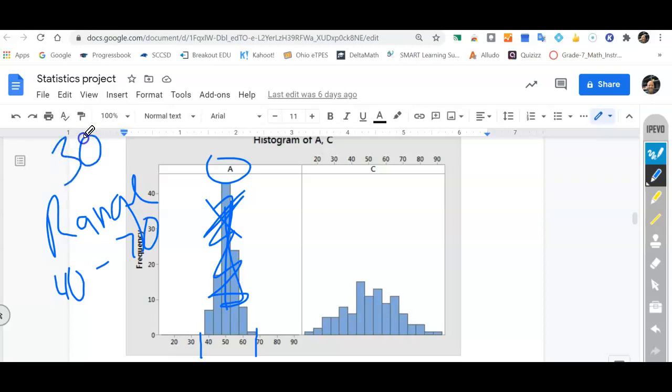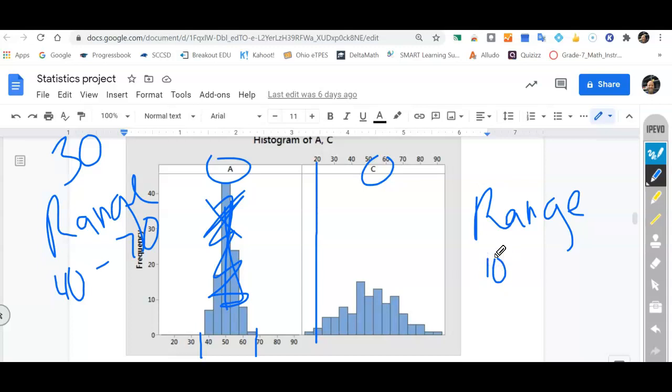So 40 to 70 is a range of how many? 30. Let's look at histogram C then. Its range would be what? It goes all the way, well, 20 is right there, so I would say it goes anywhere from 10 to 90. So its range is 80.